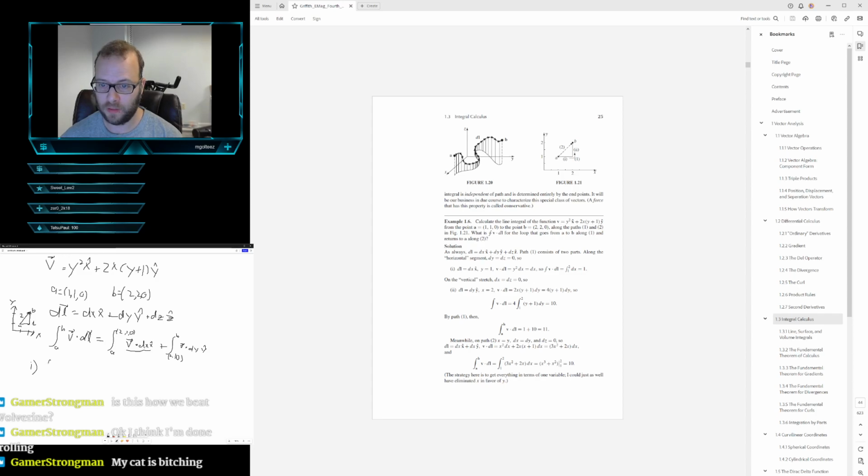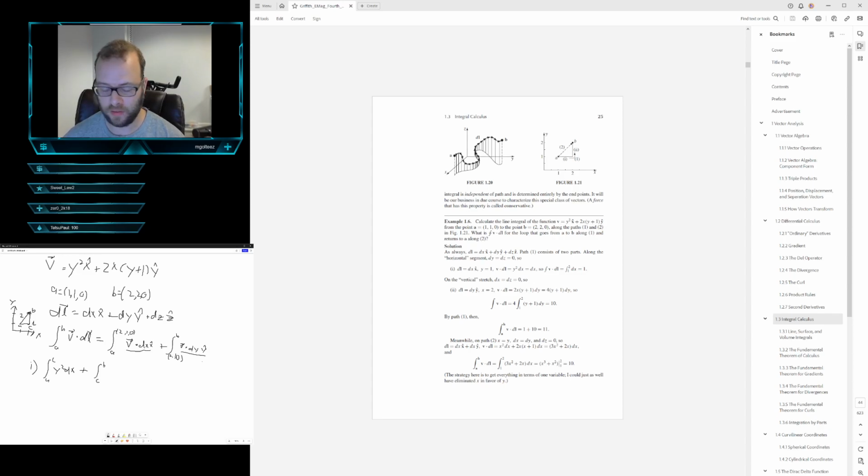So we have the integral from A to point, let's call it point C, A to C, and that is going to be equal to y squared dx, plus the integral from point C to point B of this.